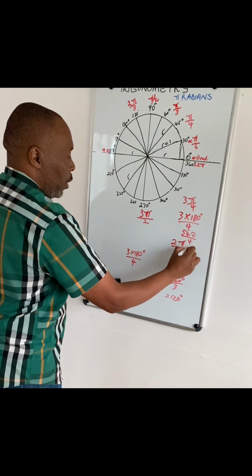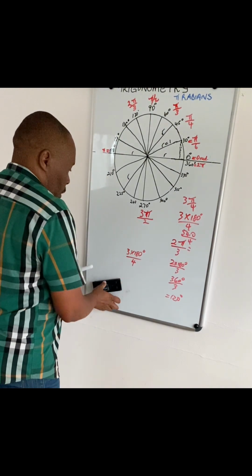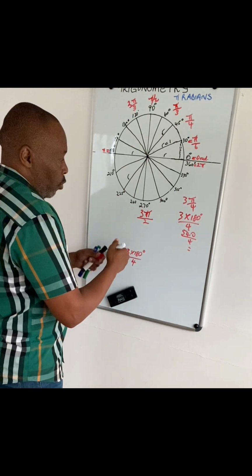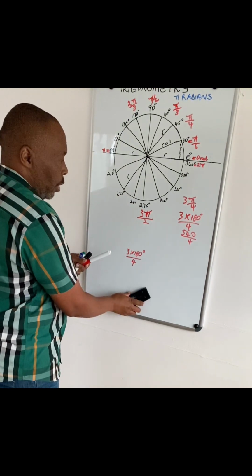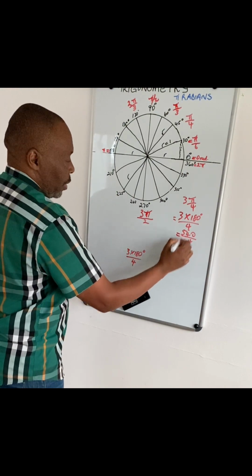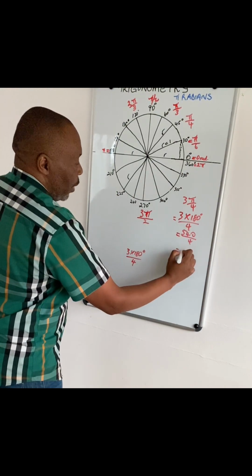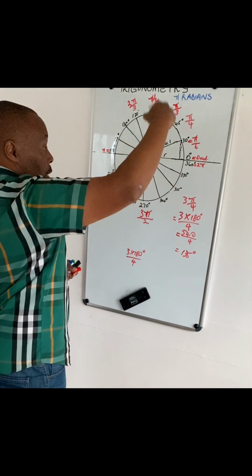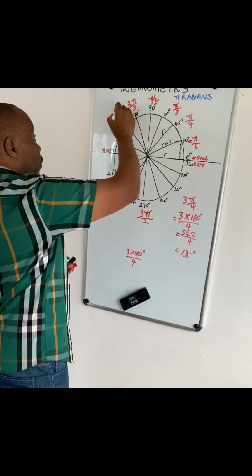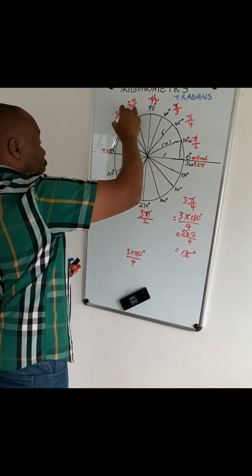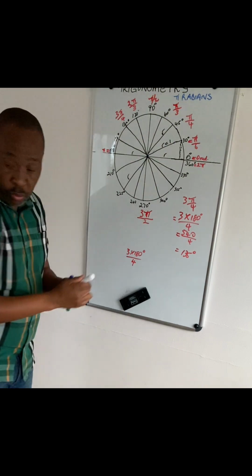Divide by 4, so that you see clearly, 540 divided by 4 gives us 135 degrees. So 3 pi over 4 is equivalent to 135.